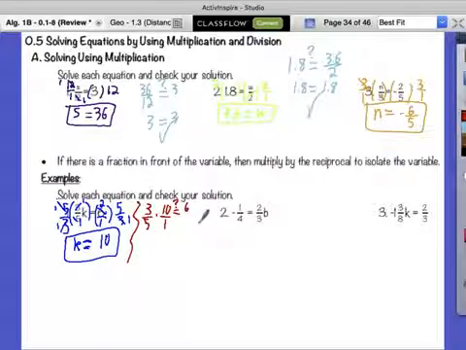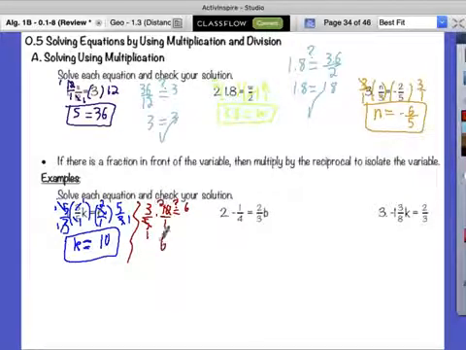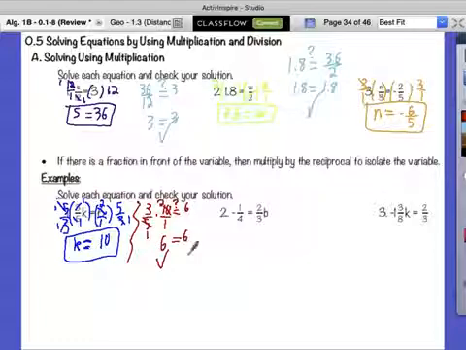Is there anything going into both 10 and 5? Yeah, 5. How many times does 5 go into 5? Once. How many times does 5 go into 10? 2. 3 times 2 is 6, and 1 times 1 is 1, so it's over 1. Does 6 equal 6? Bada bing, bada boom. Checks out. Okay, questions on that one?